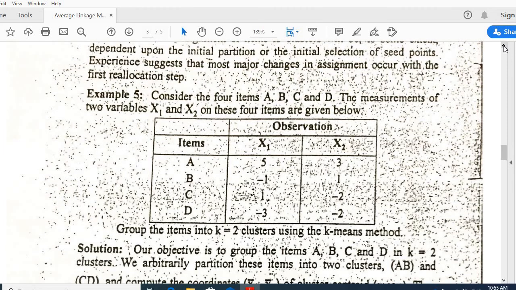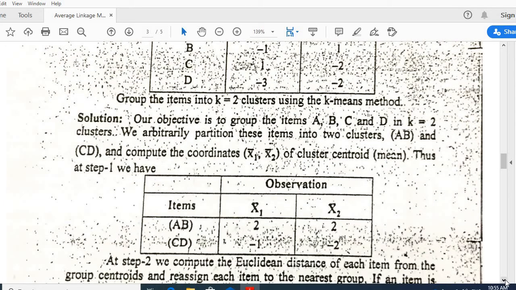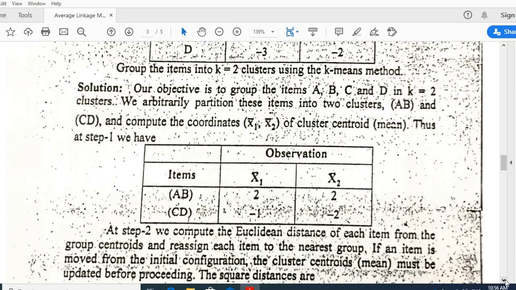Similarly, we have BC: 1 plus minus 3, that is minus 2, divided by 2 is equal to minus 1. Similarly, we have obtained the remaining averages for the clusters AB and CD.